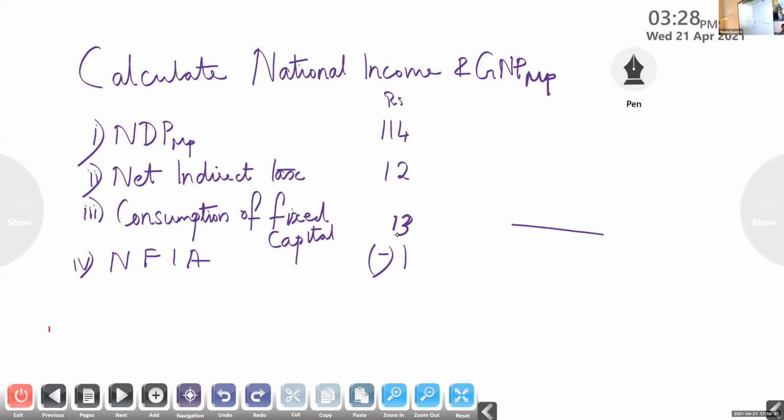Okay, now see the question. We have to find national income. Now, national income means NNP at FC. Now you have a formula for this. Try to apply and see whether you are getting the answer. See what all things you have to do or find out.